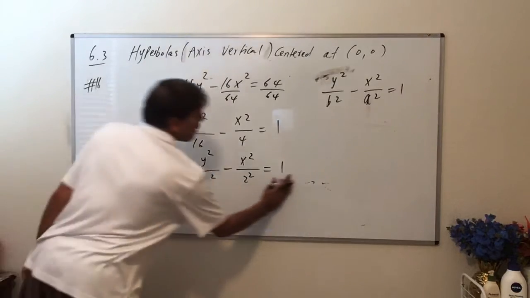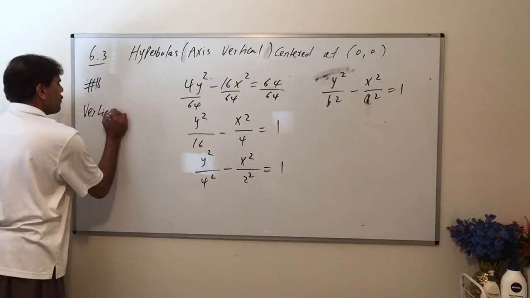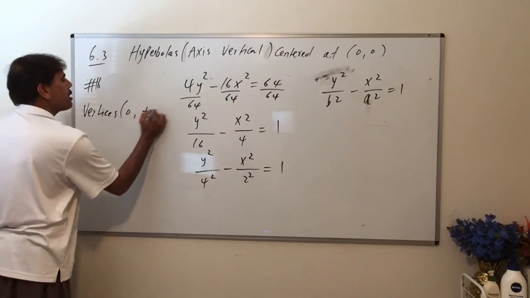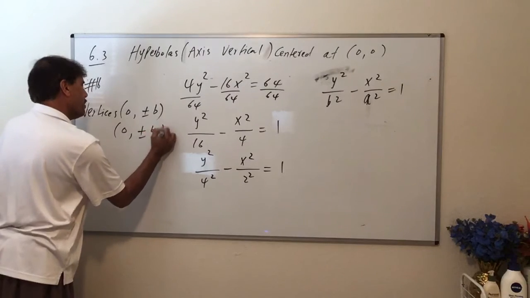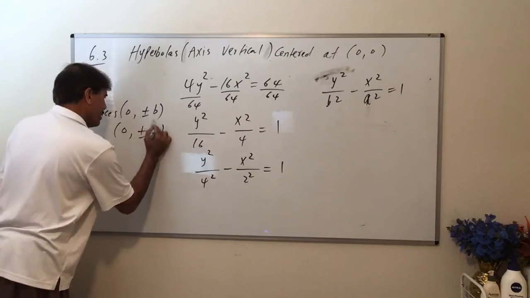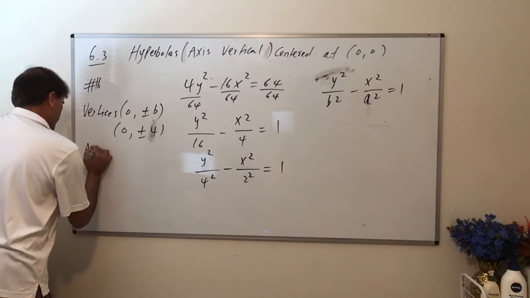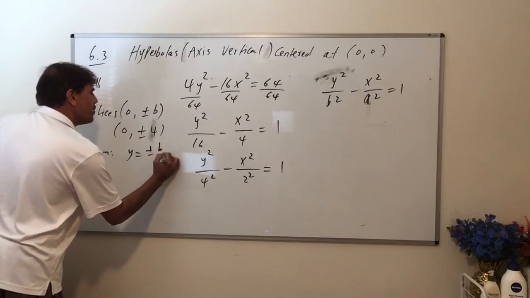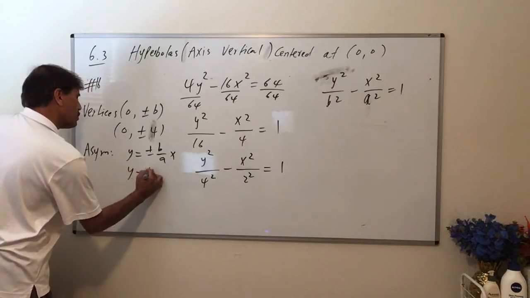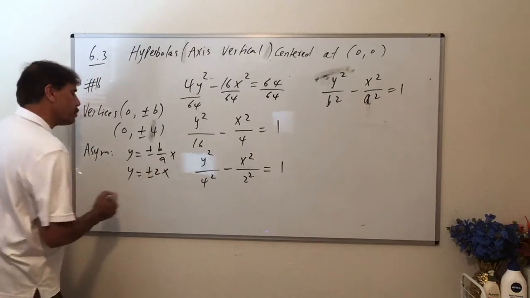So let's find all this information. First are the vertices, which are (0, plus or minus b), which is (0, plus or minus 4). And the asymptote is y equals plus or minus b over a x. So b is 4, and 4 over 2 is plus or minus 2x.